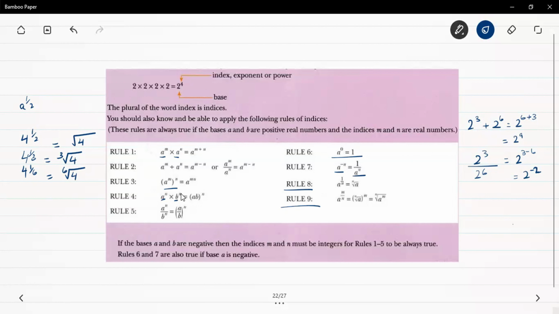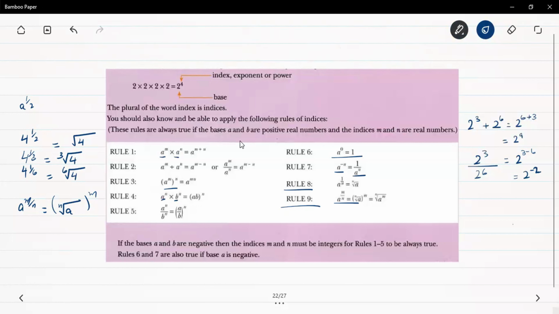Rule number 9 says that a to the power m over n is equal to the nth root of a to the power m. Now, some of you may have understood this and some of you may have been confused. I'll give an example.